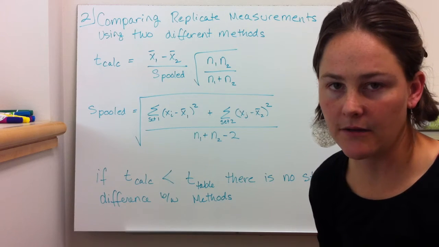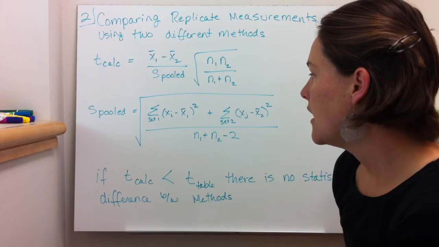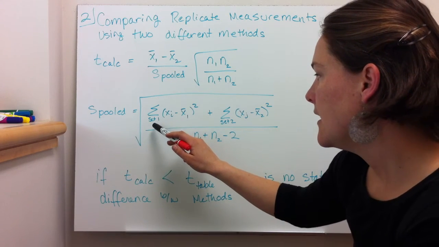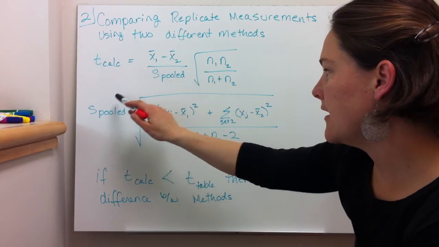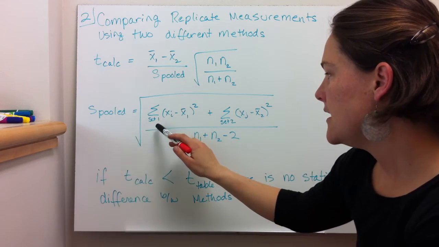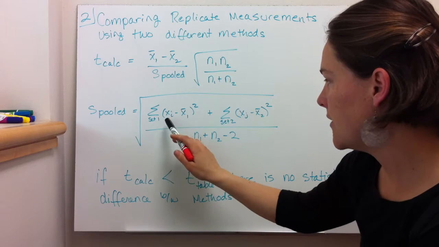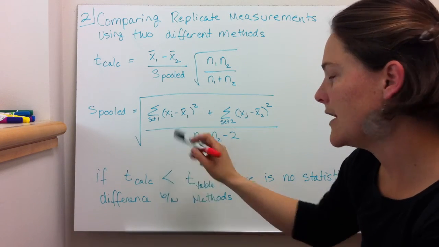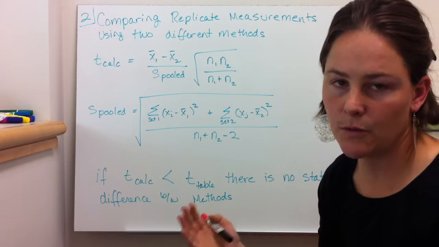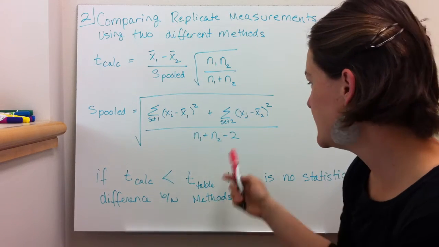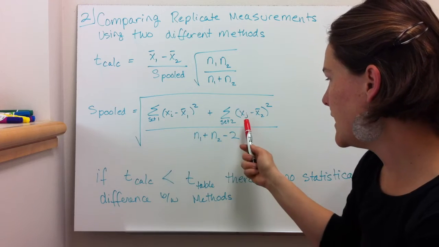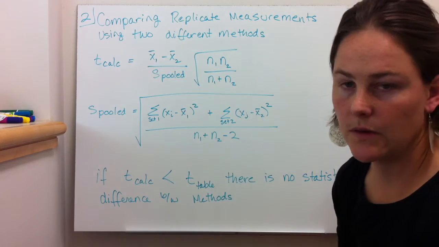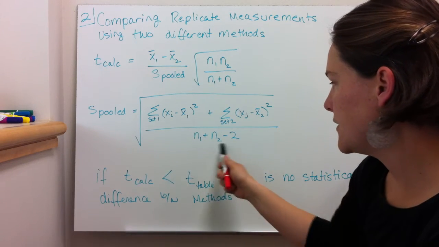You're going to want to write them down, and then you can use them on the quiz and on the exam. So you still need to calculate this S pooled. S pooled equals the square root of the sum of xi minus x bar squared for every measurement for both set 1 and set 2 of the measurements, over n1 plus n2 minus 2, so for degrees of freedom.